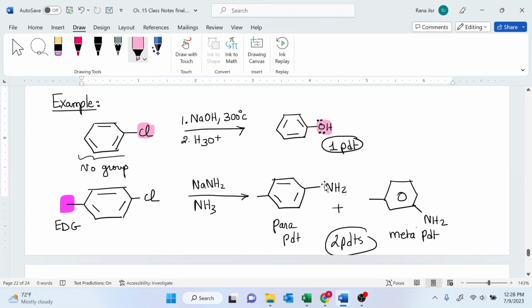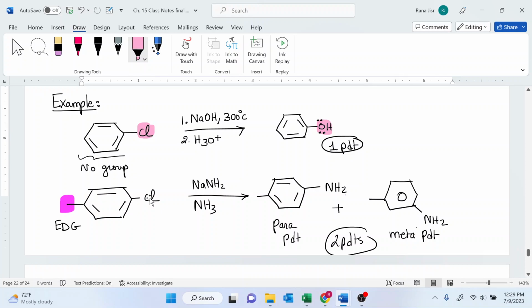With these types of reactions, if you have a substituent on the benzene, then you're going to end up getting two products in there because of resonance due to the intermediate. We're going to go over the mechanism for the reaction. Here you have an electron donating group on the para position. Again, the electron donating group can be anywhere on the benzene.